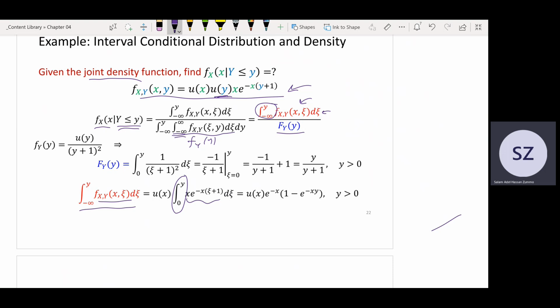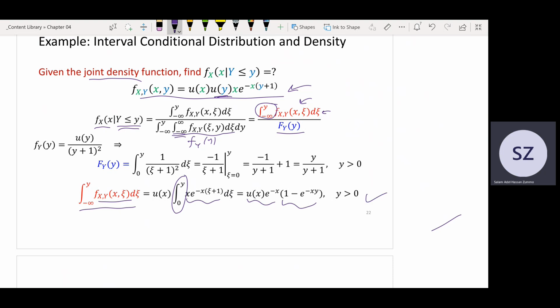Everything with respect to x is x e^(-x), and we end up with u(x) x e^(-x) times e^(-xy). Basically, e^(-xy) is what you want to integrate. What you get as the integral is 1 over x minus x e^(-y)... minus it. When you plug in 0 to y, you get this.